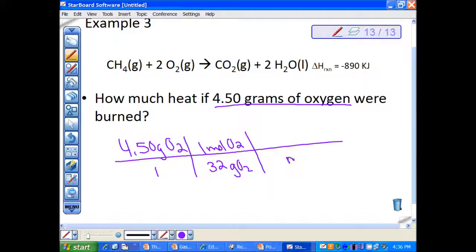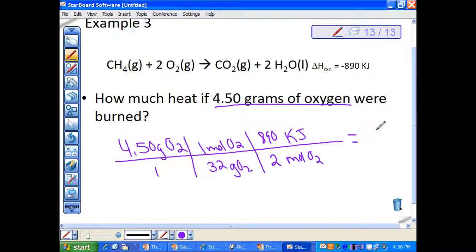Normally you put mole of oxygen down here, and you would be putting mole of something else up here. Well, we're not looking for any of the grams of the others. We're looking for heat, and there is actually a ratio: you're going to get 890 kilojoules of energy release for every 2 moles of oxygen. So you could actually do what we call a mole kilojoule ratio. There are 890 kilojoules per every 2 moles.